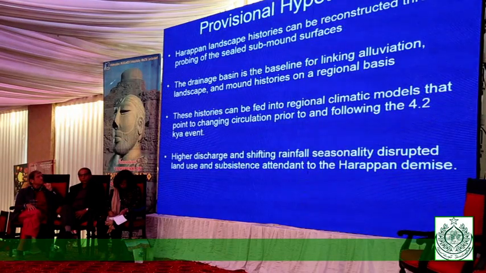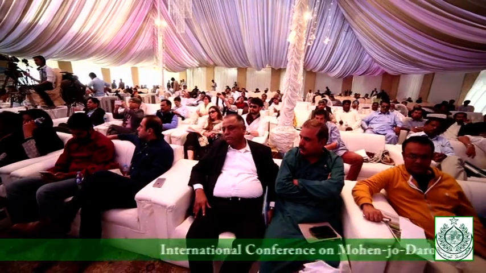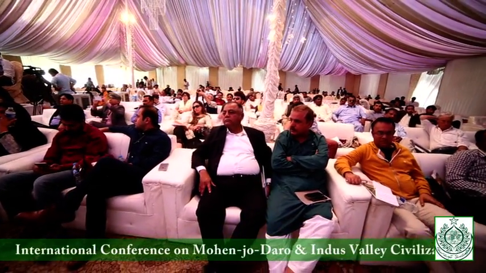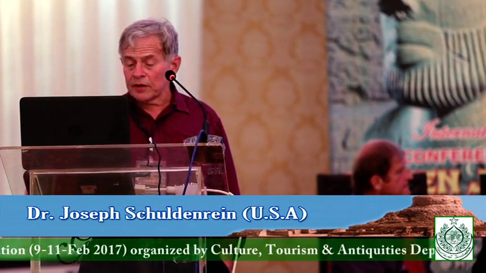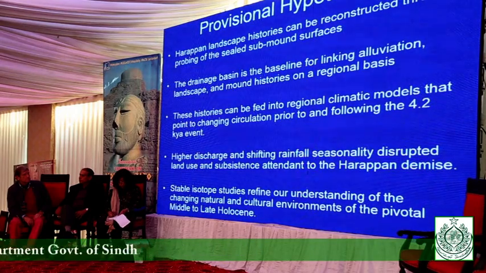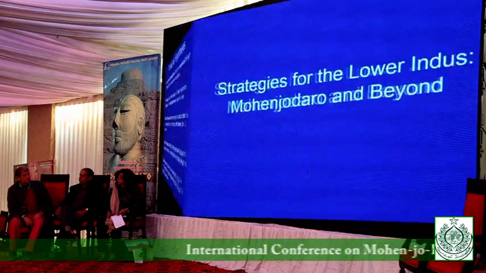Higher discharge and shifting rainfall seasonality seem to disrupt land use somewhat and subsistence attendant to the Harappan demise. We don't know all the details of it, but it's certainly pointing in that direction. As I said, there could be a lag effect. And stable isotope studies refine our understanding of natural and cultural environments of the pivotal middle to late Holocene.